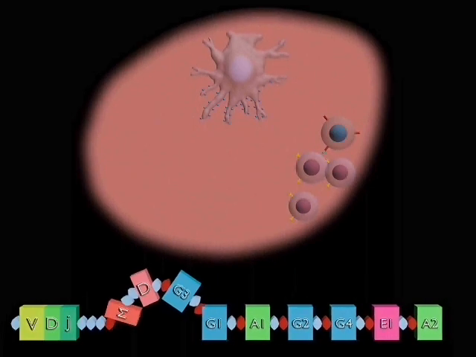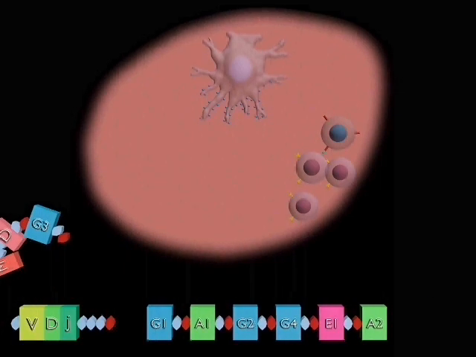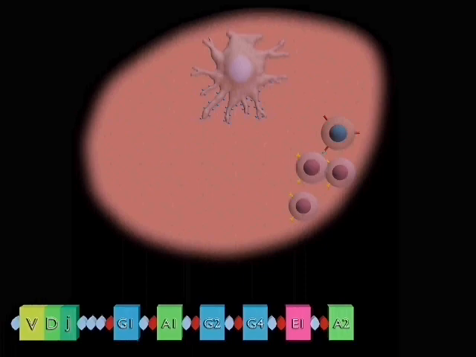The C gene for IgG1 replaces the C gene for IgM, placing it next to the VDJ gene. Now the transcript from this encodes an IgG1 heavy chain, but with the same specificity as the IgM, since it uses the same VDJ gene which encodes the variable, antigen binding, part of the antibody.